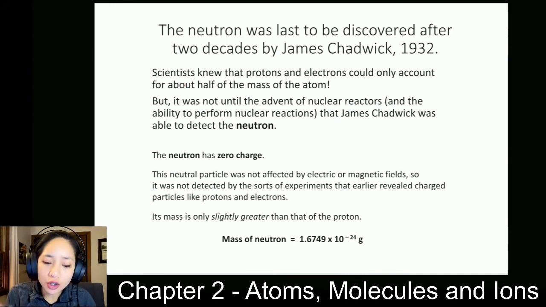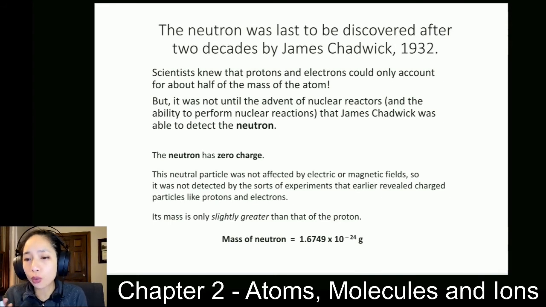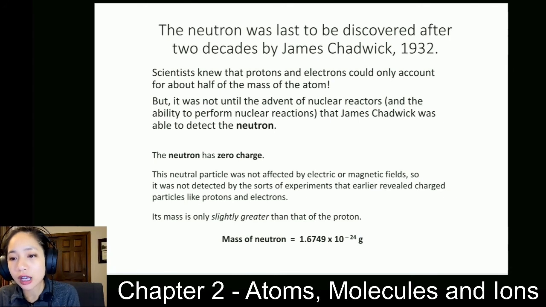So they knew that neutrons existed because protons and electrons could only account for some of the mass of an atom. So they knew that there was some more mass in there. So it wasn't until the use of nuclear reactors and the ability to actually do nuclear reactions, where we have fission or fusion happening, that we were able to actually detect a neutron.